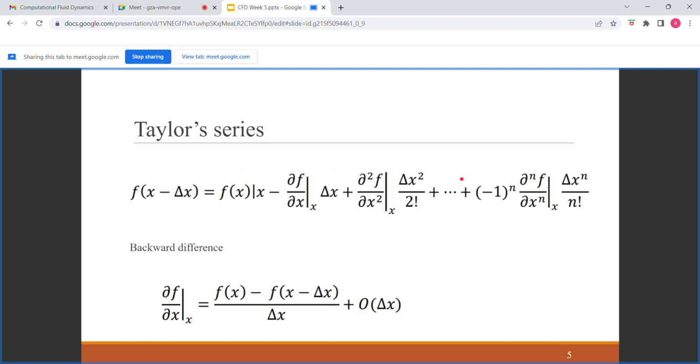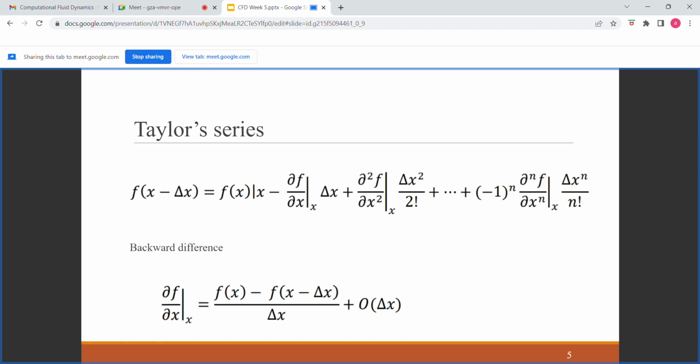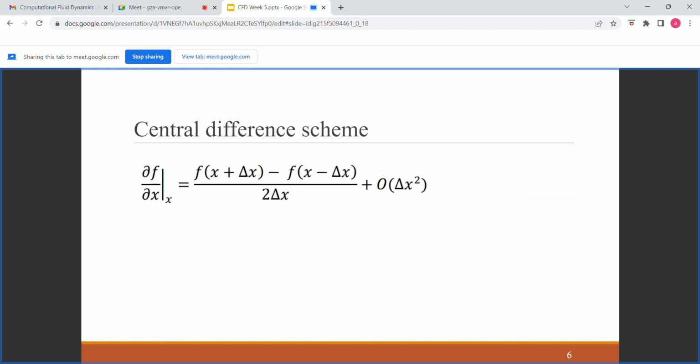Here it is minus and here it would be plus, so when we subtract, it adds up and that term remains. When we divide the entire equation by delta x, we get delta x square. So the central difference scheme is second order accurate. In this manner, we can tell the order of accuracy of each equation.